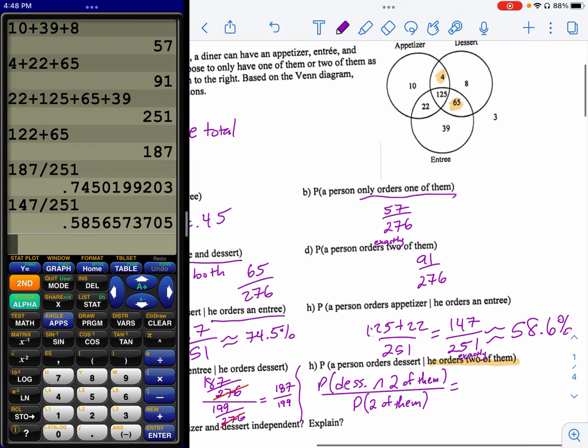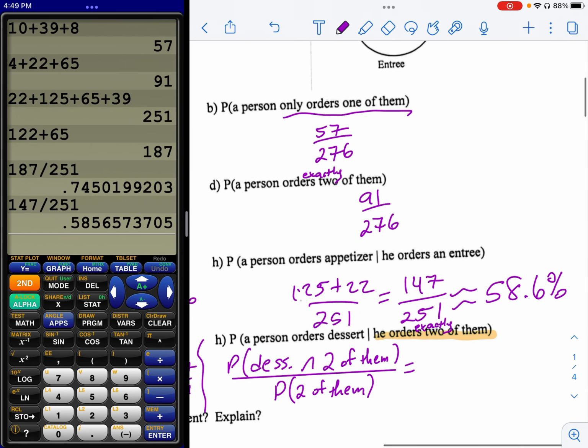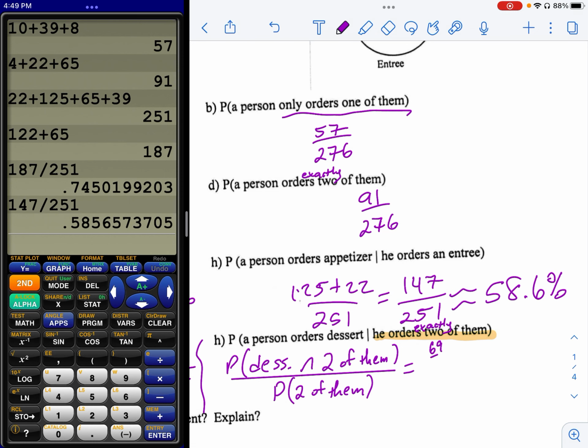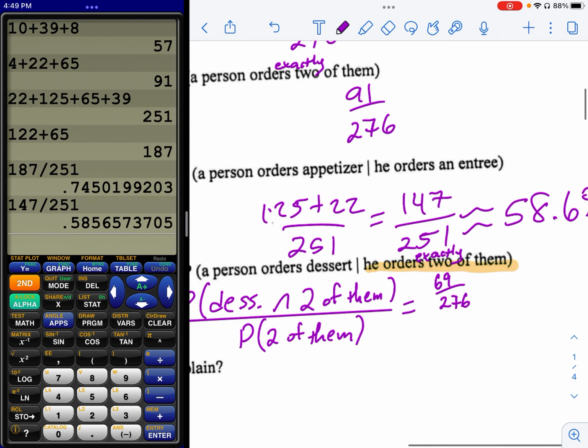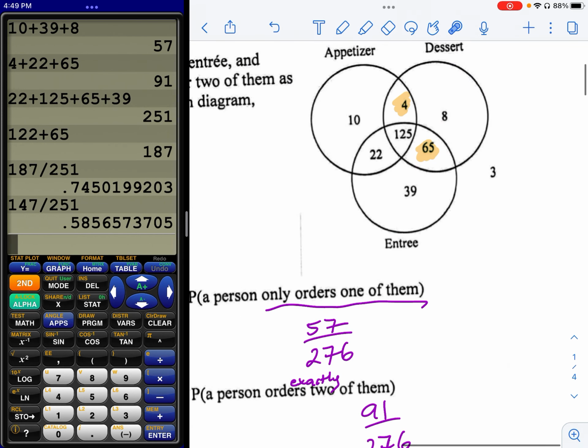I'm much more clear. So there's 69 of those out of 276. So 69 people ordered two of the items and they ordered dessert. And then you divide by how many people ordered two items.